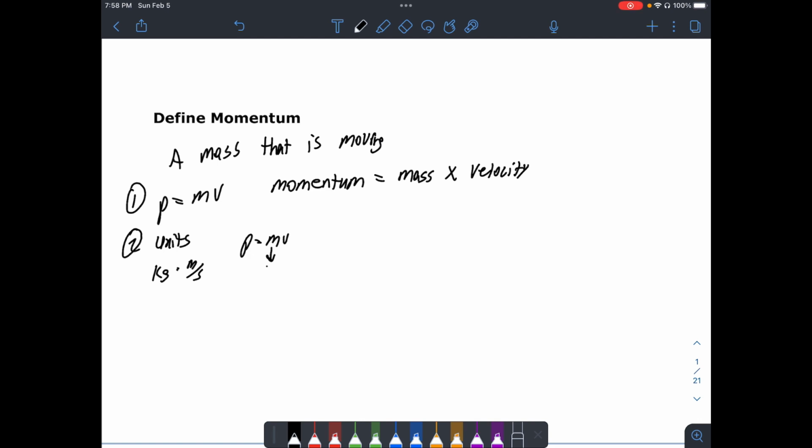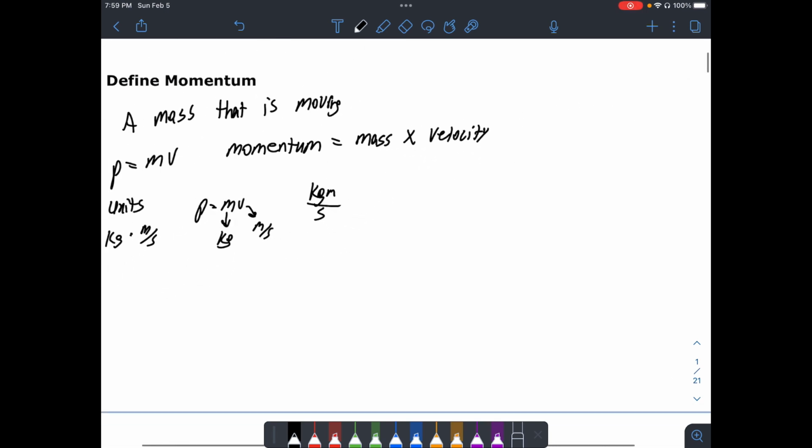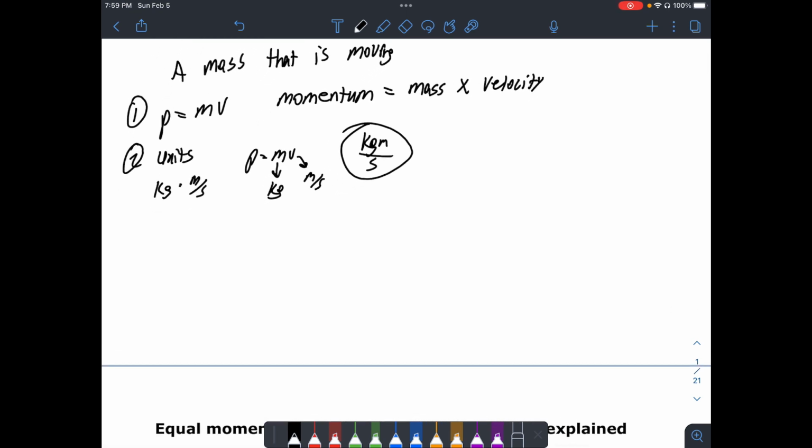Mass has units of kilograms and velocity has units of meters per second. So we multiply those two together. You can see our units are kilograms meters per second, which can also just be written as kg m over s.